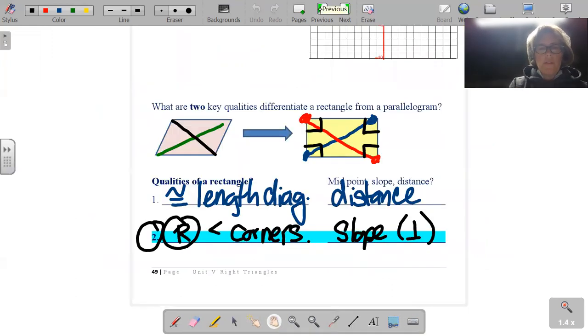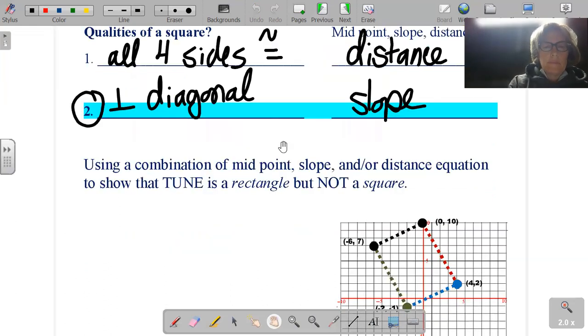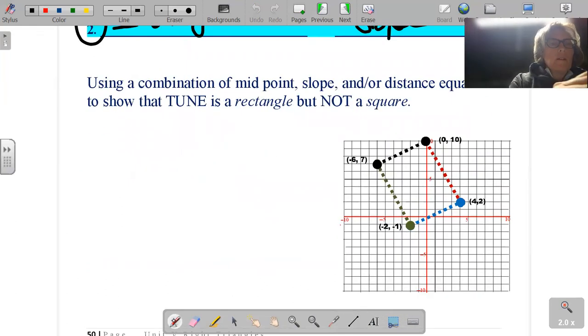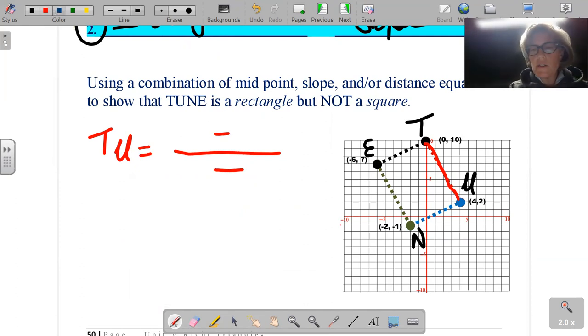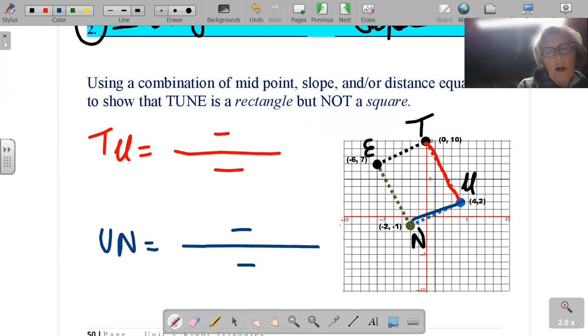So step number one, we're going to show that there's a right angle in the corner. We're going to take any two sides, doesn't matter which ones. So I'm going to find the slope of TU, y minus y over x minus x, and the slope of UN, y minus y, x minus x.